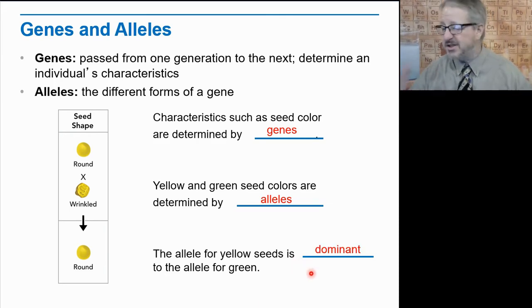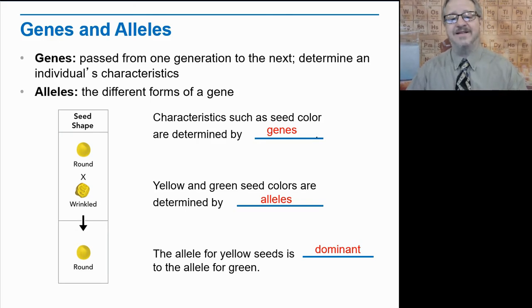So let's talk about the principle of dominance. But before we do that, imagine that you cross two plants, one with green seeds and one with yellow, and the offspring of the plant produced only yellow seeds. What could you infer about the green and yellow seed color traits? Well, we already kind of answered that.